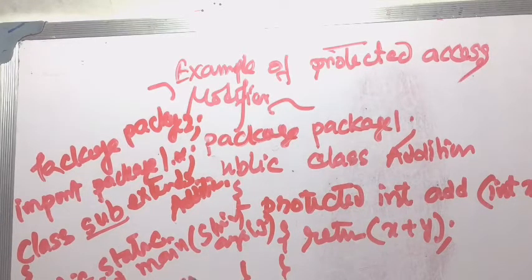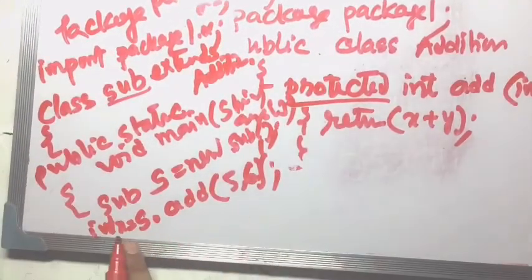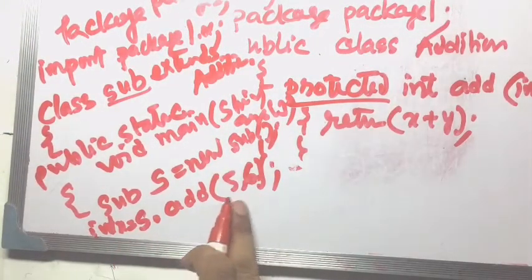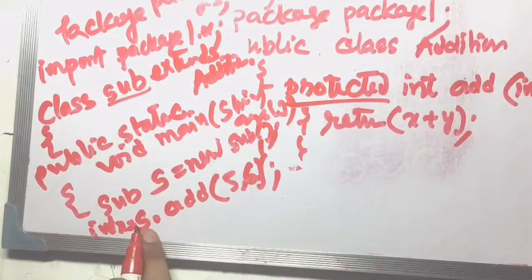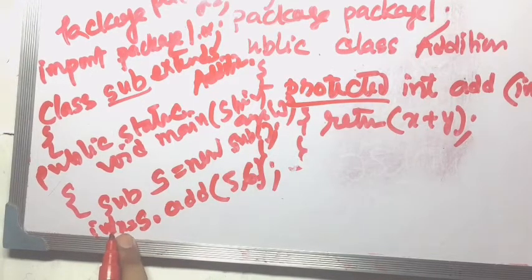Suppose new Sub, and we can call this add method because there is a protected access specifier. So s dot add, with values 5 and 6, and the return value is int x equal to s dot add 5, 6. This is the return value x integer.